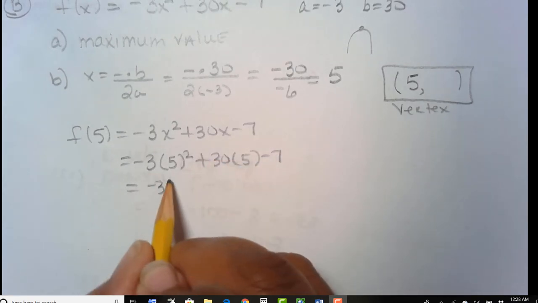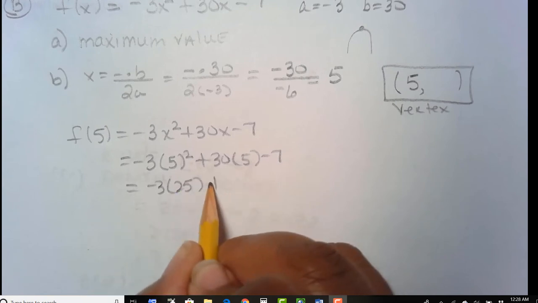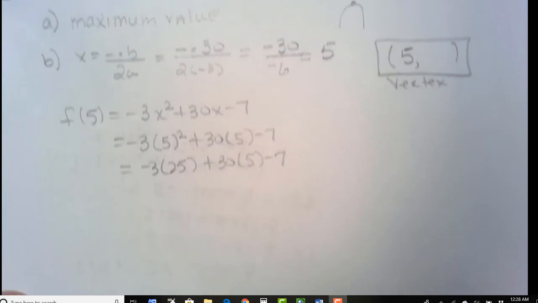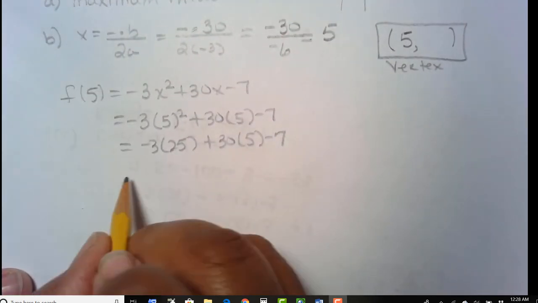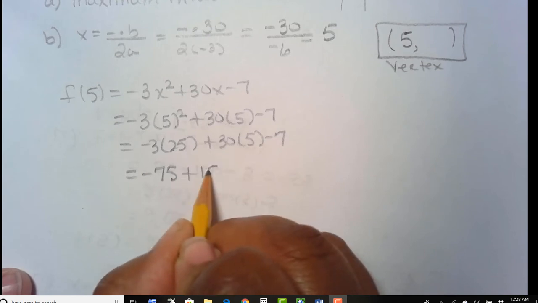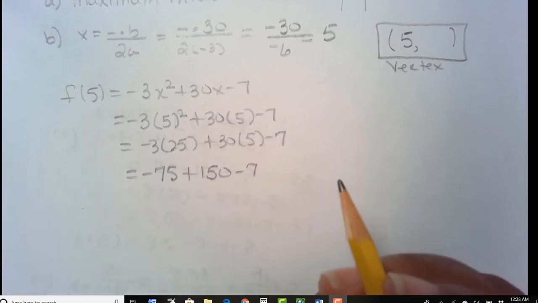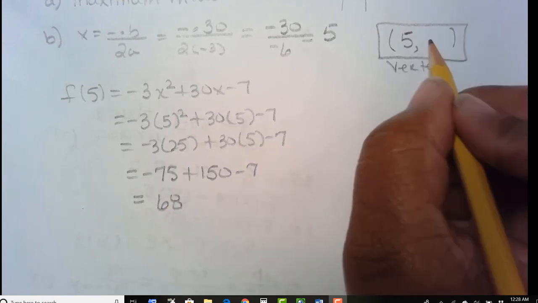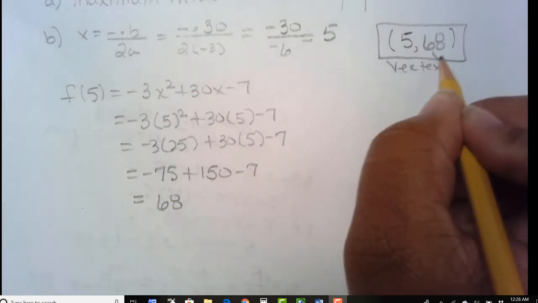We have negative 3 times 25. Then this gives us negative 75 plus 150 minus 7, and that equals 68. This is our y.